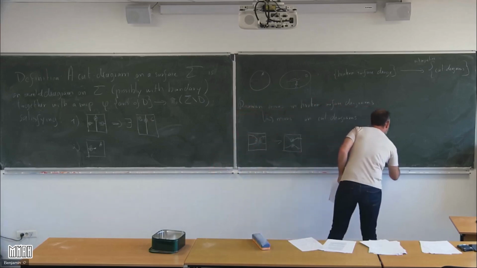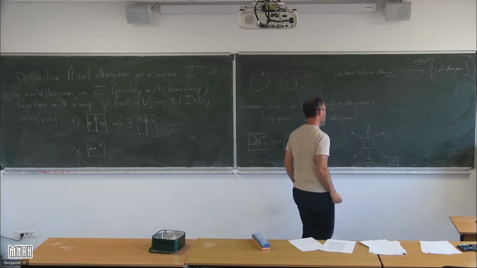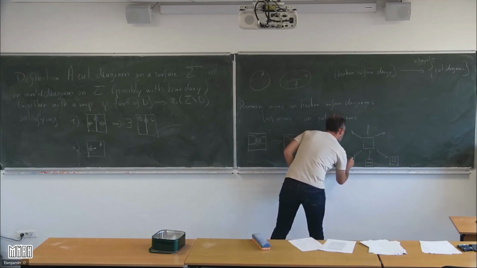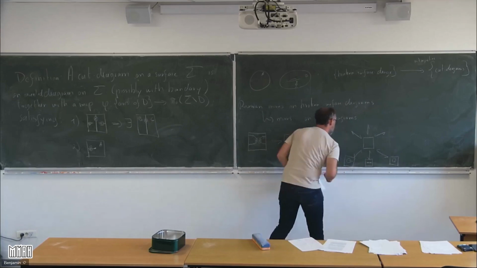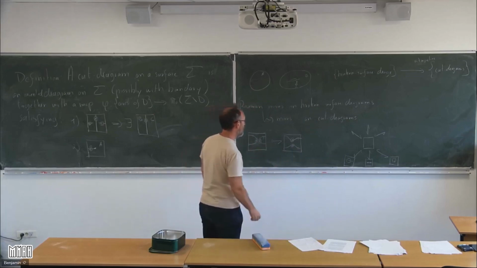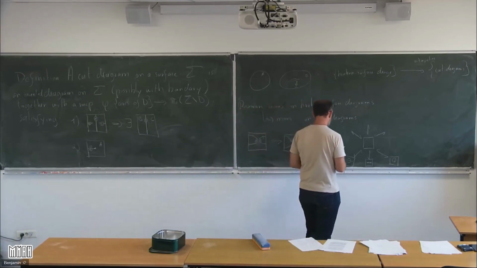You can also create a circle with any label on it. And the others are maybe less important here, but you can create like this a circle with a strand which crosses it from below.